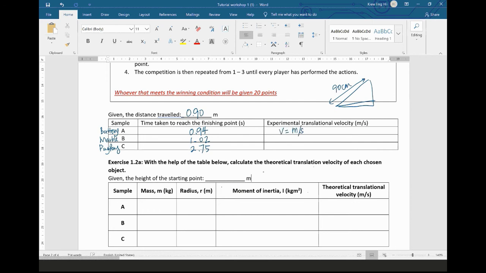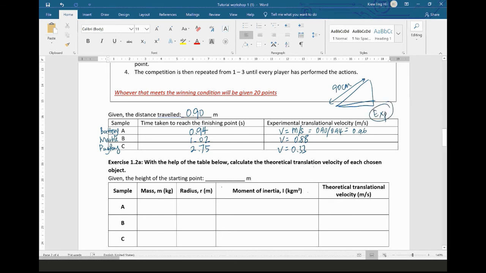So 0.90 divided by the time, you get 0.96. For marble, 0.88. As for the ping pong, it's 0.33. So this is the experimental data that we obtained.